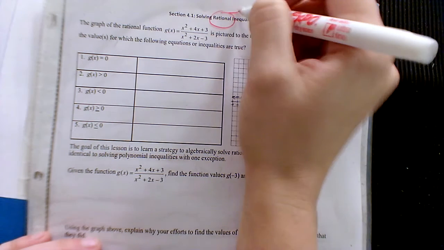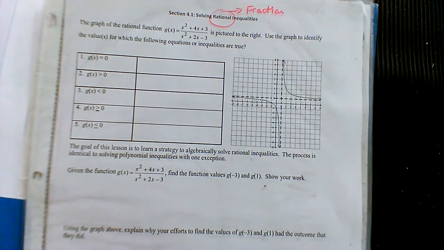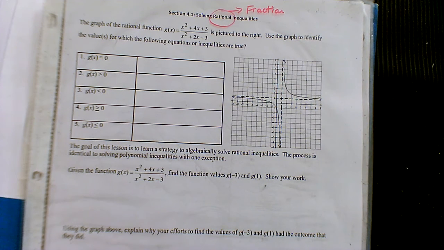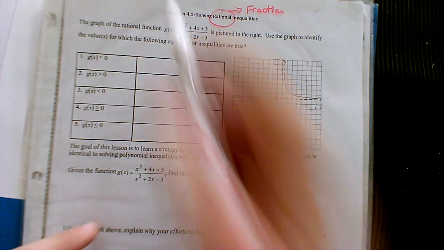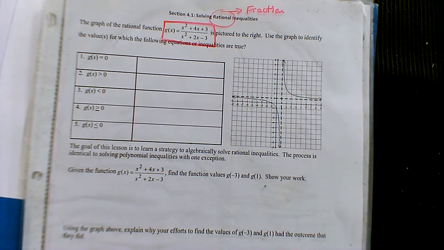So this word rational just means fraction, aka ratio, aka comparison. So all of the equations that we're going to pay close attention to in this unit are going to be fractions. For our first example here, we're going to take a look at g of x at the top. Notice how it's a fraction. We have some polynomial up top divided by some polynomial on the bottom.